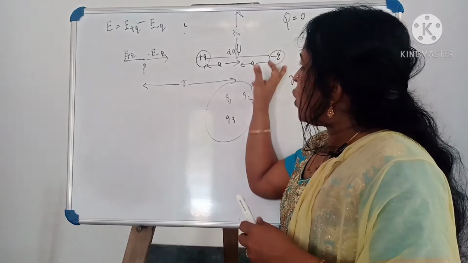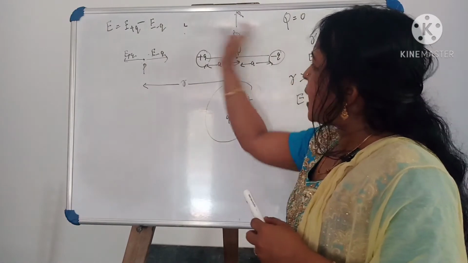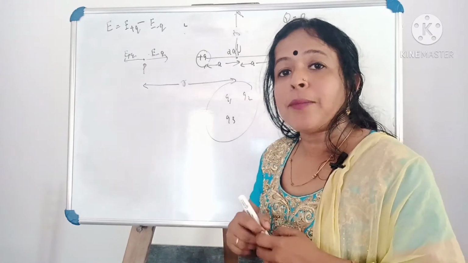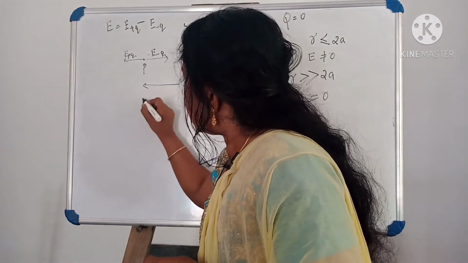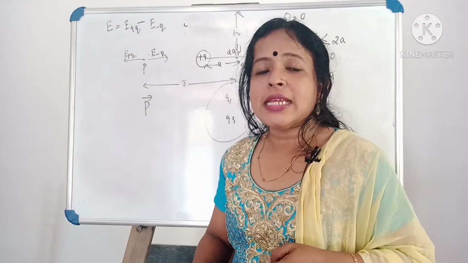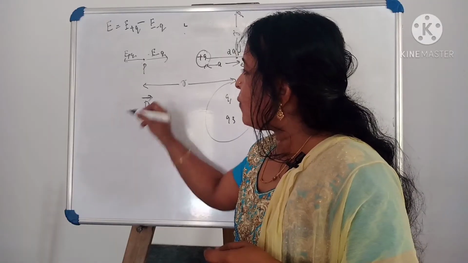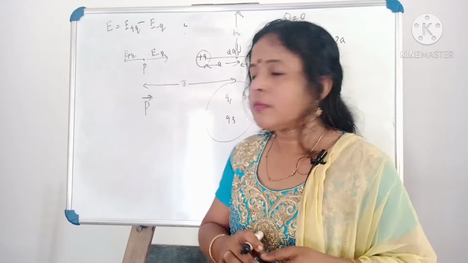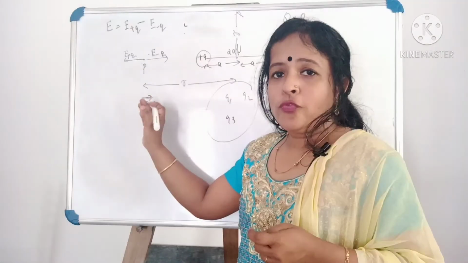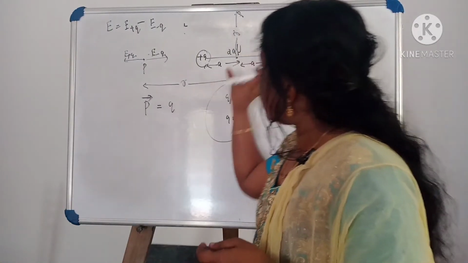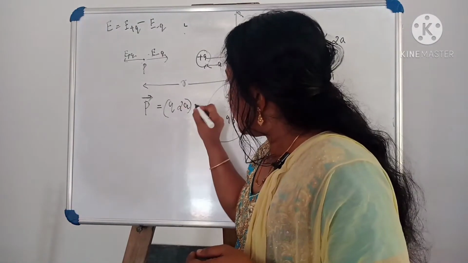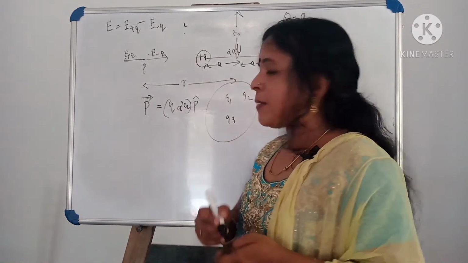In order to study this arrangement, there is another term, the electric dipole moment. The electric dipole moment is represented by the letter P. It is a vector quantity, denoted with an arrow mark. It is the product of one of the charges and the distance between them. It has a magnitude and a direction, given by the unit vector p.